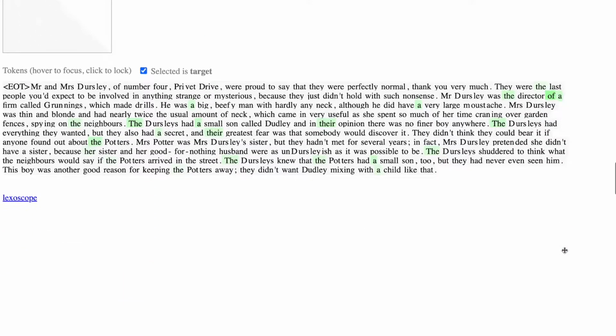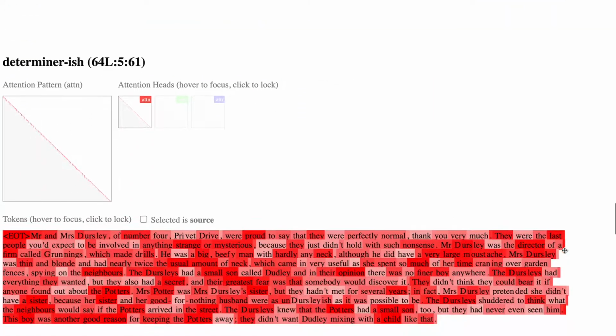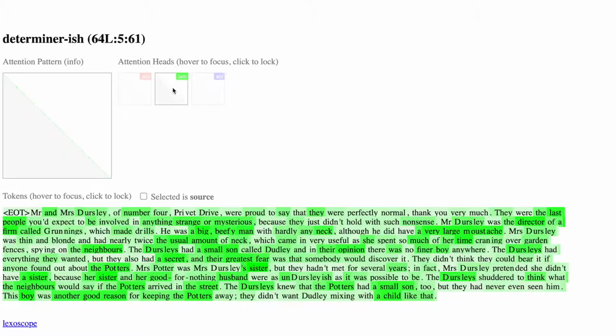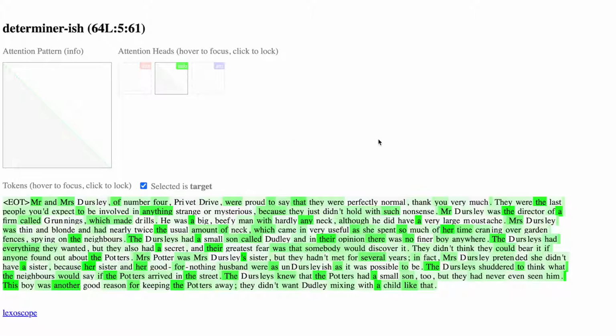Another attention head that is sort of modeling grammar. Here's another one that does the same thing, but it has some cases where it attends to something that isn't an article, and it's also much more general. So not only do we have words like a and the, which we saw before, but other words that are determiners, like here we've got a possessive, the Dursleys, that's taking on the role of an article for sister. So quantifiers like no can act as determiners.